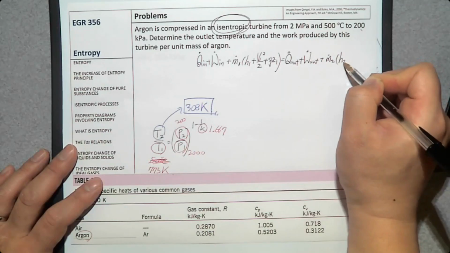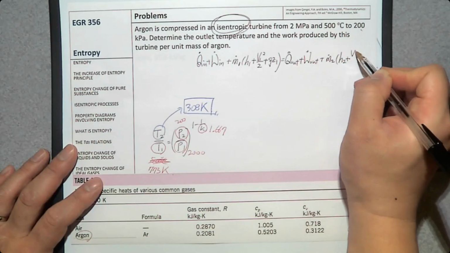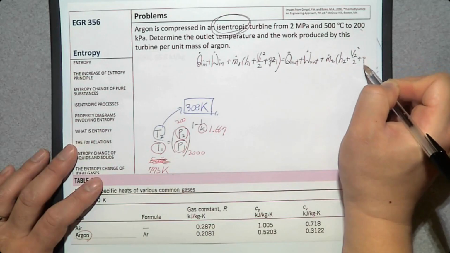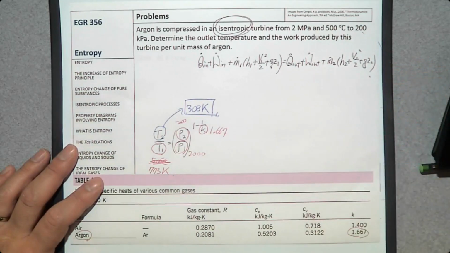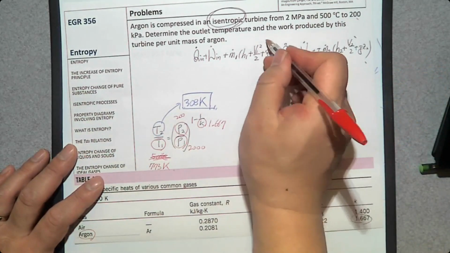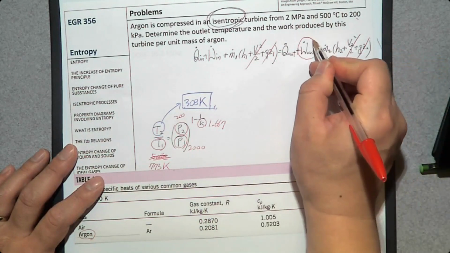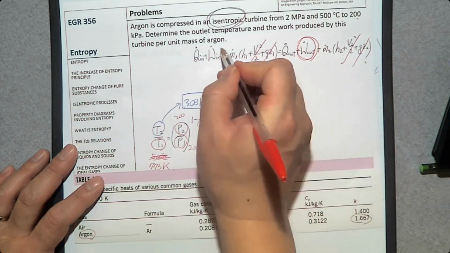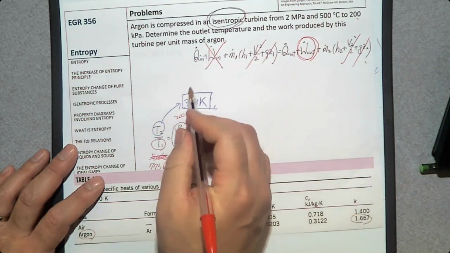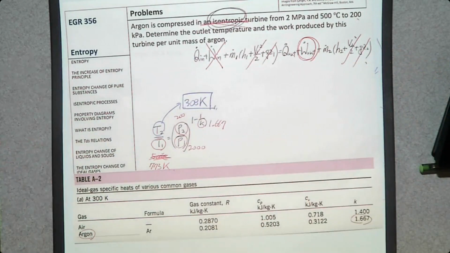This one has enthalpy, kinetic energy, and potential energy. Then we can neglect kinetic energy change and potential energy change. A turbine is a device to produce power, not consume power. It says isentropic process. That means there is no heat transfer, because when there is heat transfer, entropy changes.